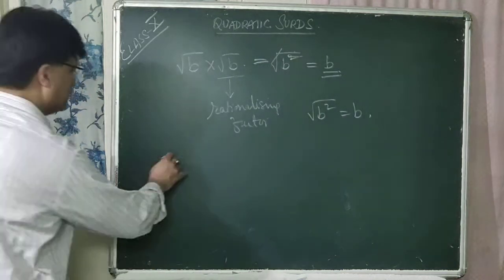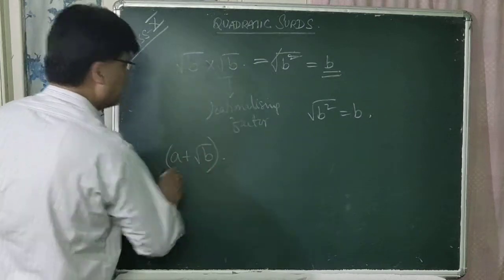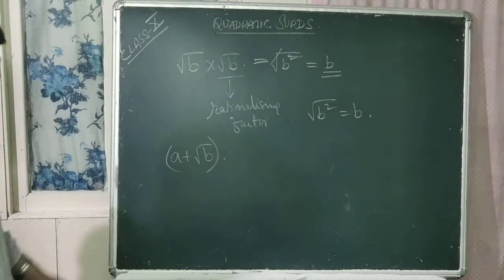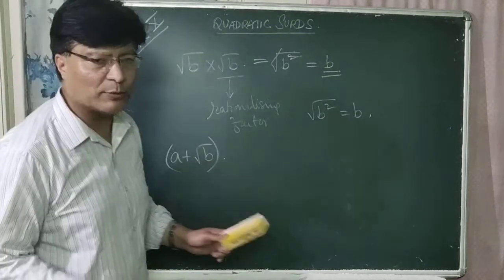As the next, a plus root over b is there. Now you want to convert it into a rational number. That means you have to remove the square root.